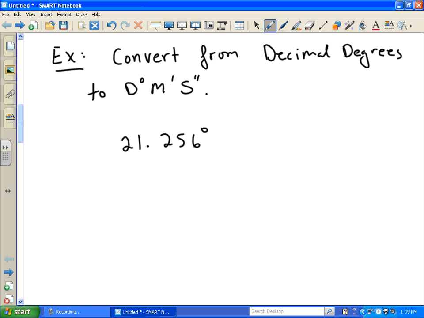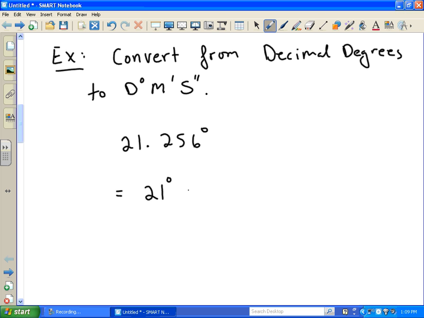So let's say that we have 21.256 degrees. The first thing you want to do is take the whole number part of this, the 21 that's in the front, and put the degree symbol on that 21. So we have 21 degrees. Then we're going to break this decimal apart, kind of like the way you would break apart a mixed number. You have the 21, which is the whole number part, and then you have the 0.256, which is the decimal part.